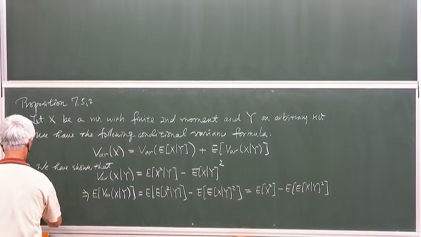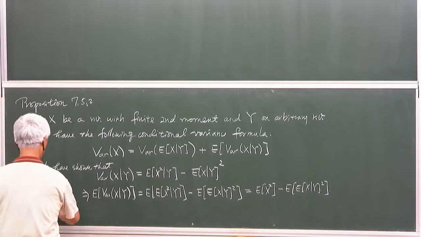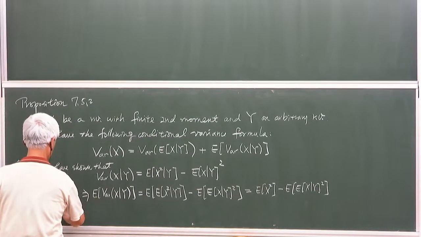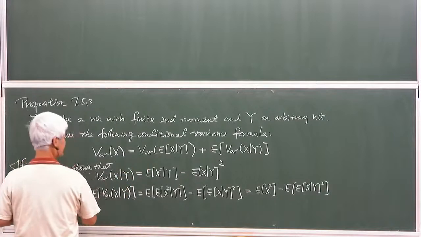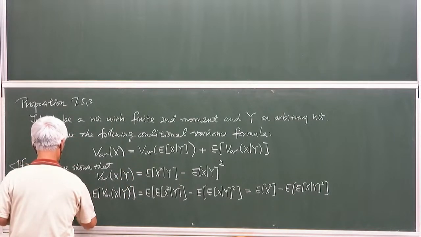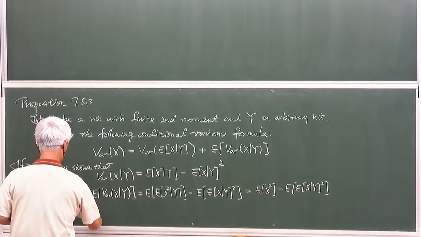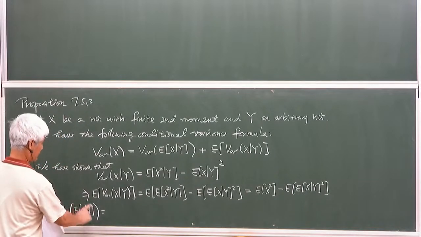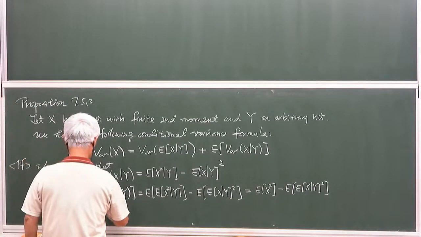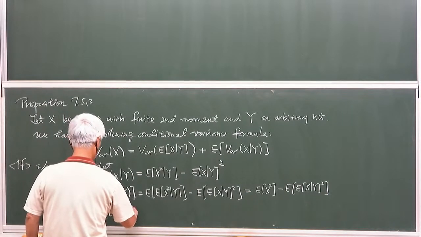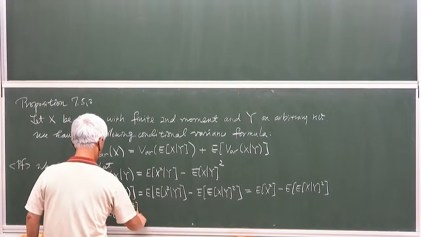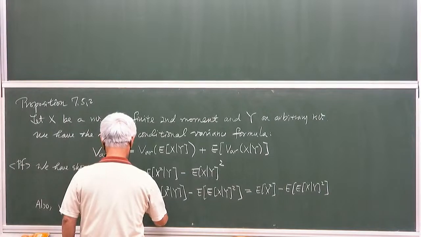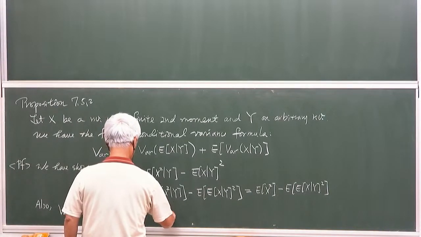Also, the variance of the conditional expectation of X given Y, by definition, this is a random variable, right? So this is the expectation of its square minus the square of its expectation.